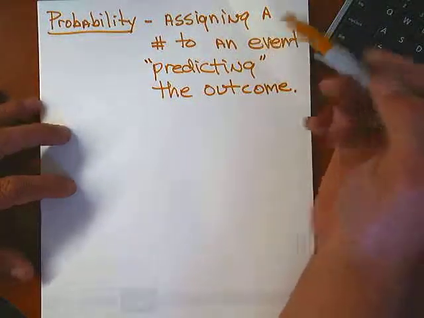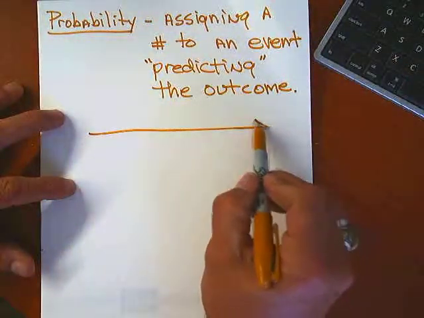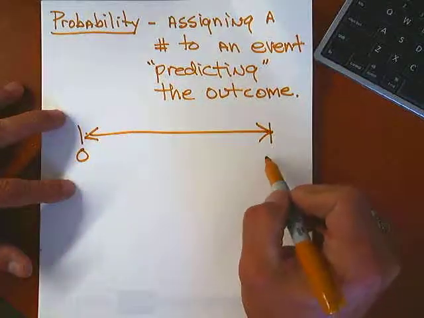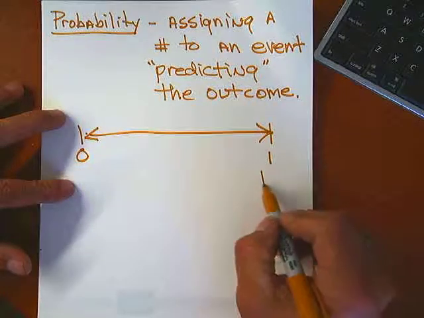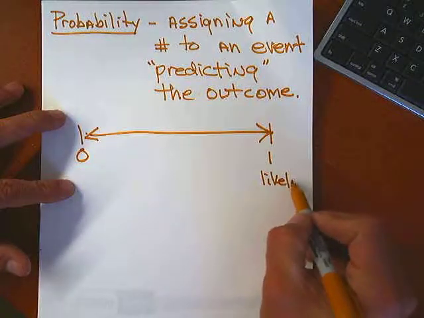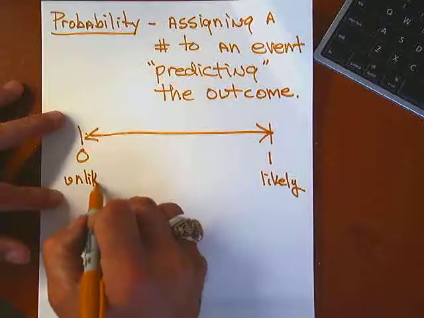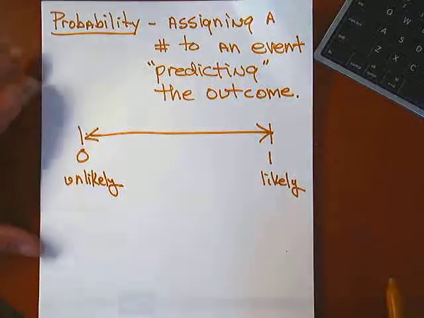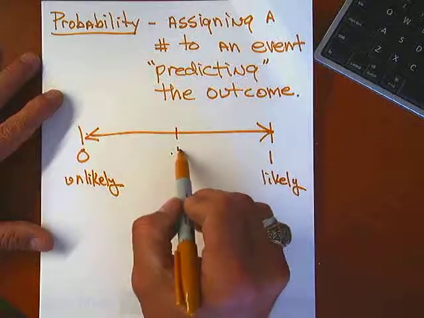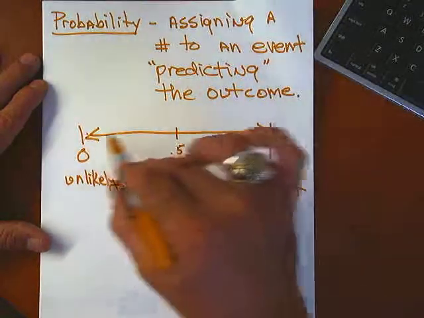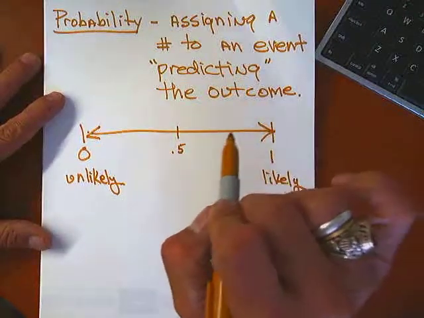The number is usually a decimal between 0 and 1. 1 being likely, 0 being unlikely, and 0.5 being in the middle. These are decimals.